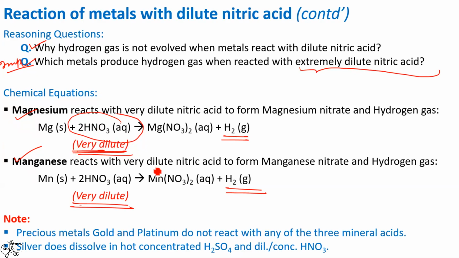By extremely dilute, I mean the concentration of HNO3 is just 1%. Now, what does this 1% mean? For example, you have a beaker of say 100 ml capacity, right? You're going to take in this beaker 99 ml of water and add 1 ml of concentrated nitric acid to it.